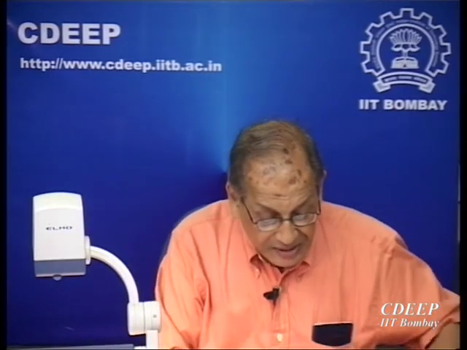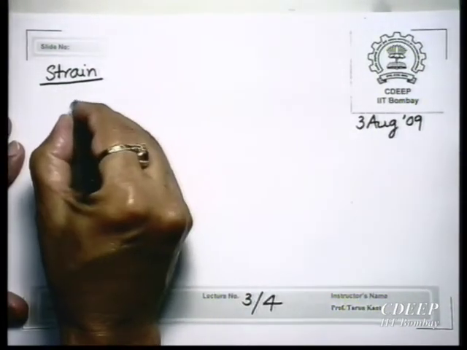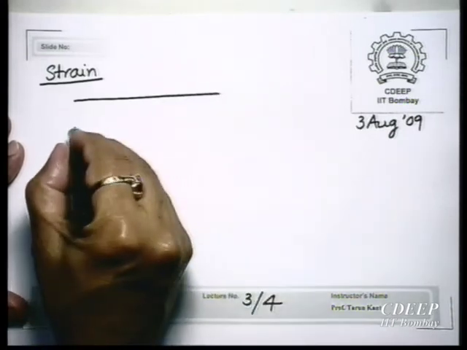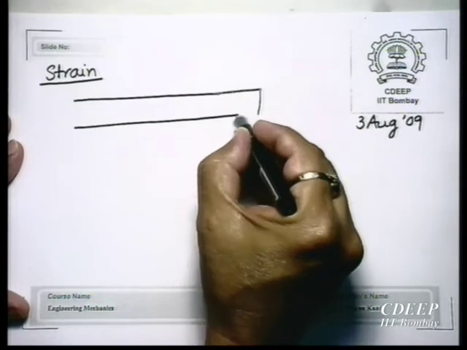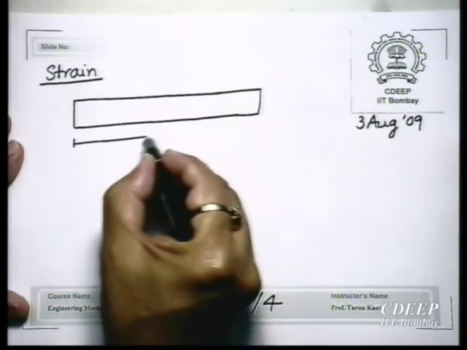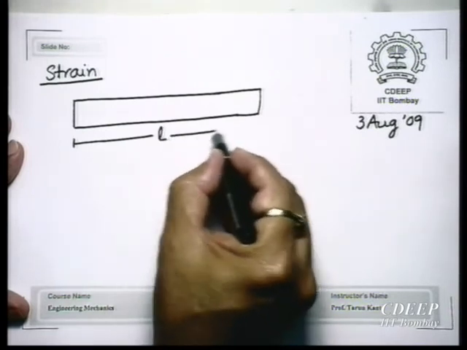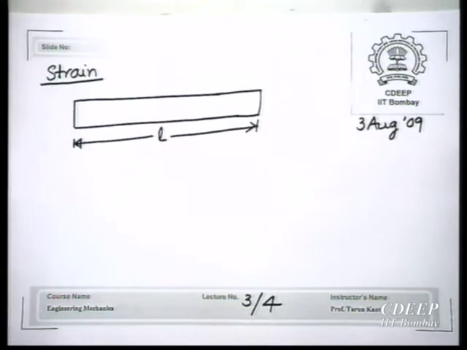Then the next was strain, and there we said this rod, under the action of load, has original length L when no load is applied.